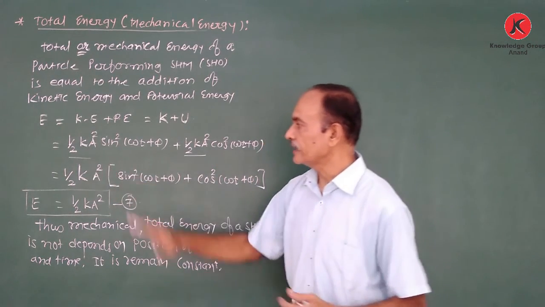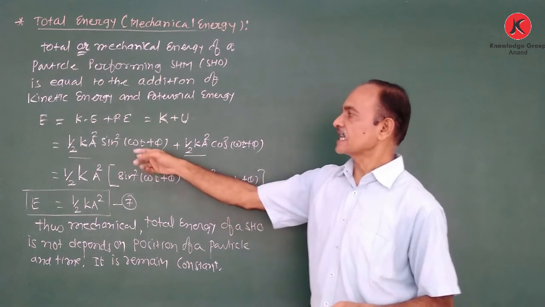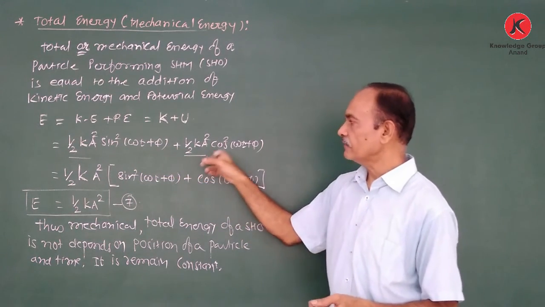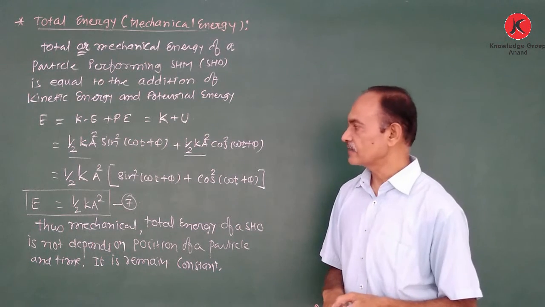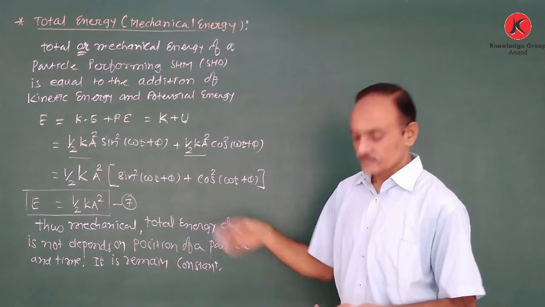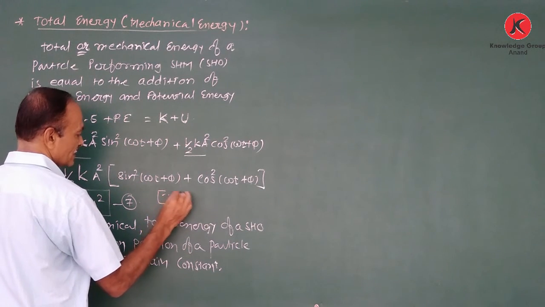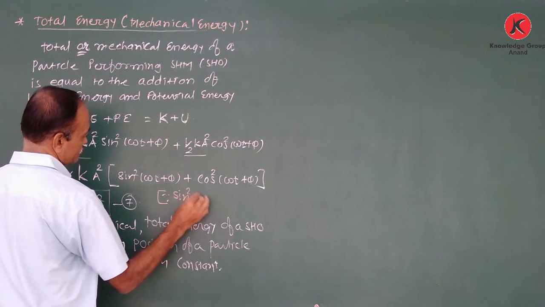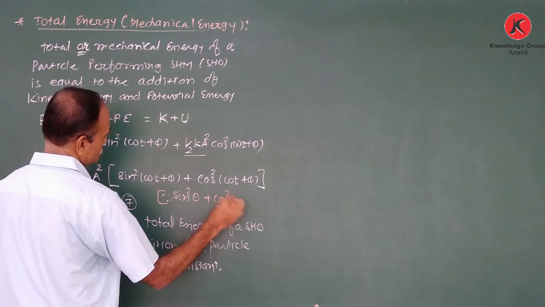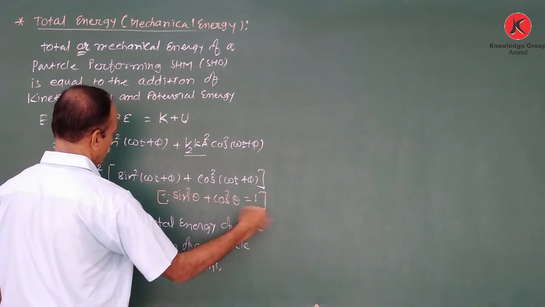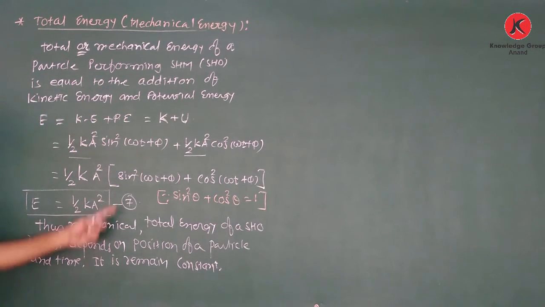Half k a square is common. In bracket remaining is sin square omega t plus phi plus cos square omega t plus phi. Its value is 1, because we know that sin square theta plus cos square theta is equal to 1. Using this concept, E is equal to half k a square.